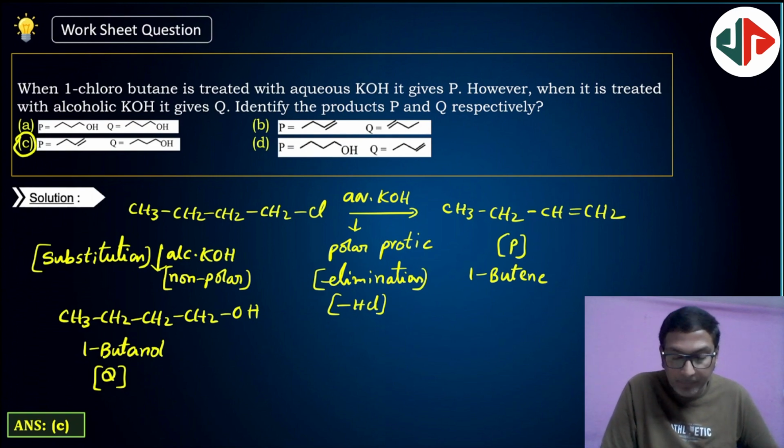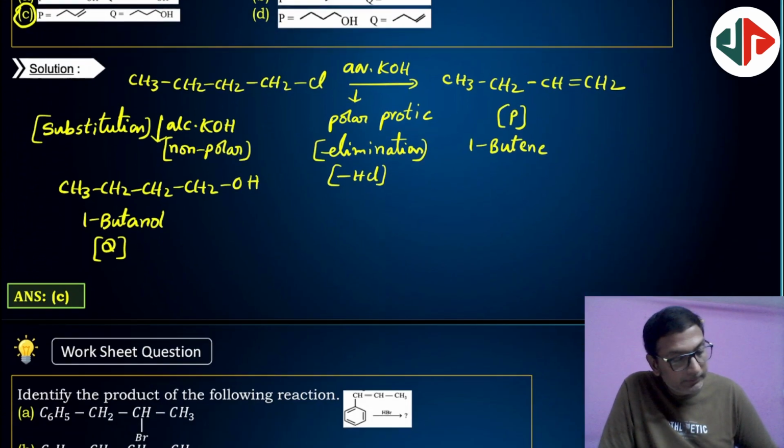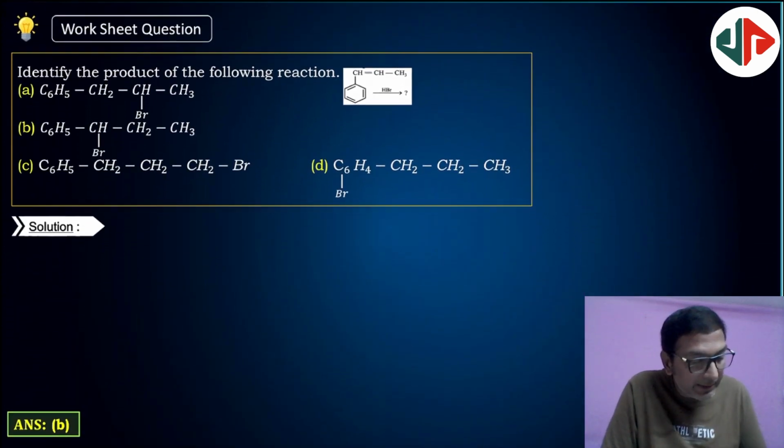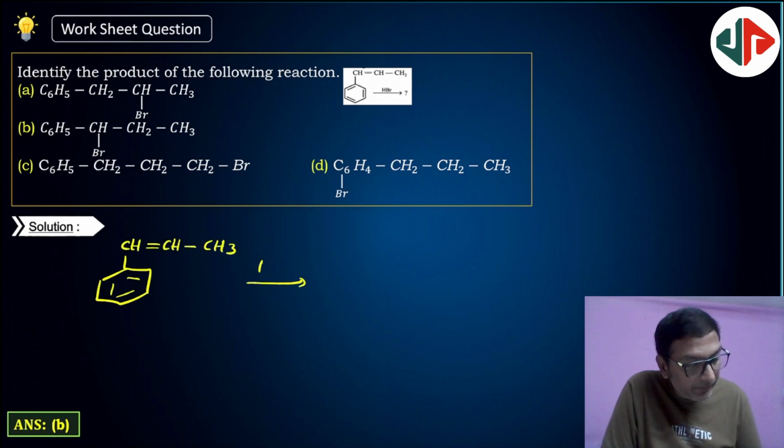Next. Identify the product of the following reaction. Here CH=CH-CH3, HBr. Next, so this carbon is benzylic carbon. This carbon, benzylic carbon.